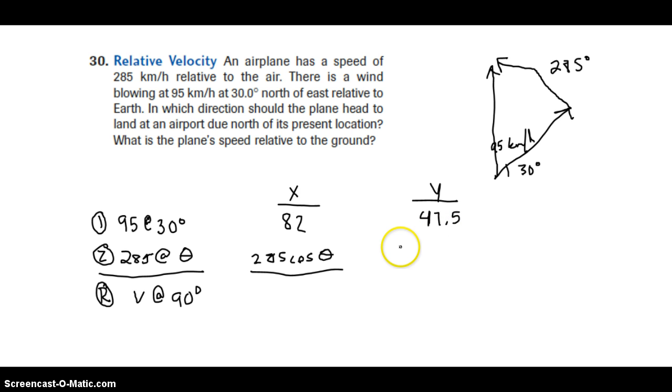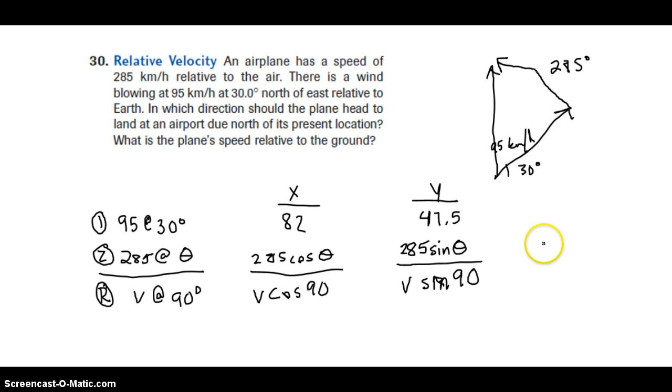We would have 285 times the sine of theta, and those two are going to add together to give me the V sine of 90, the y component of my resultant vector. So basically I have two equations here: these two x components add to the resultant x component, and these two y components add to my resultant y component.